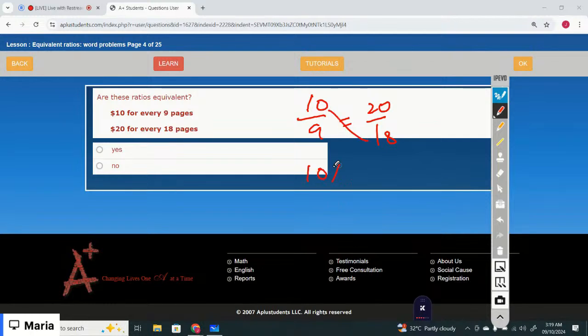That is 10 times 18 and 20 times 9. 18 times 10 is 180 and 9 times 20 is 180.